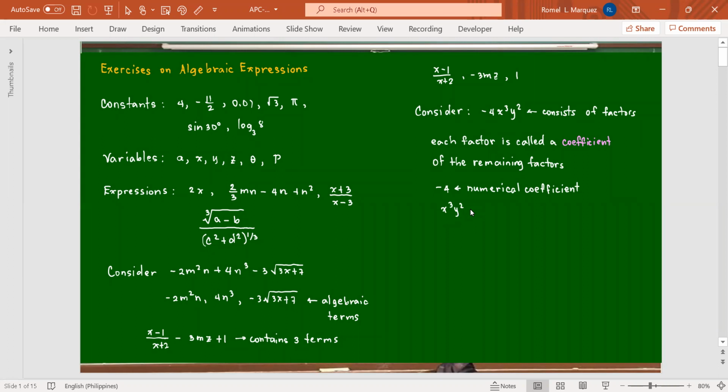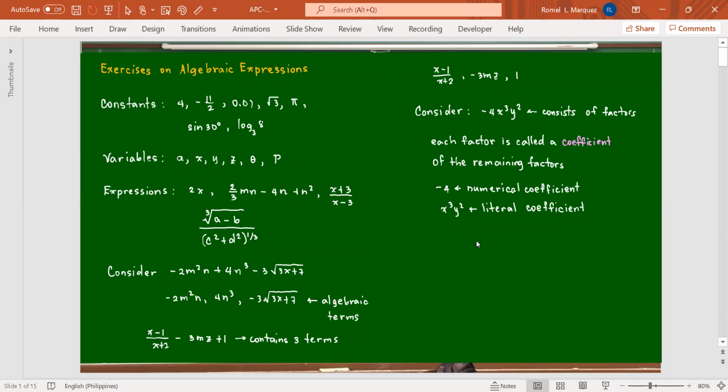We call this the literal coefficient, meaning the letter part, no? Literal coefficient. Okay, guys? But if you just want, let's say a specific one here, let's say x cubed, you can just say it is a coefficient of what? Negative 4 y squared. Okay?